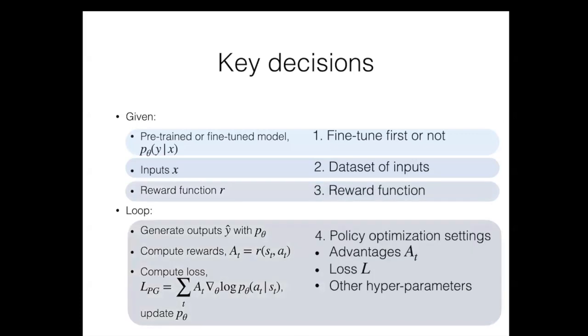And then down here is just saying all of these details that go into actually implementing and running the algorithm, right? What advantage estimation are you using? Which loss variant are you using? And then a variety of other hyperparameters. For instance, let's say you're trying to distribute the training across multiple machines, then you have to figure that out.